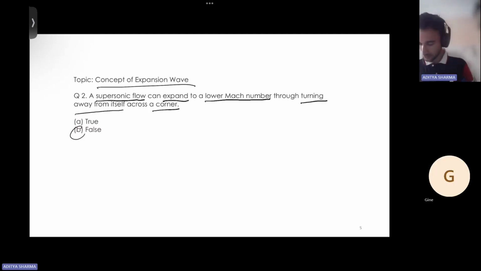Okay. So the flow is supersonic and then it is expanding. Let's just note this down. First there is supersonic and then there is expanding.